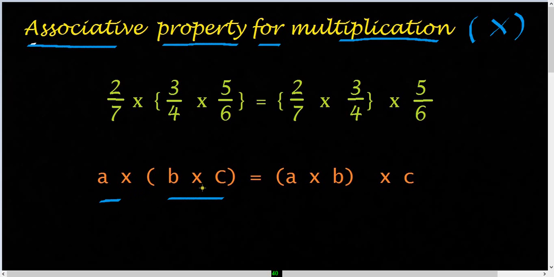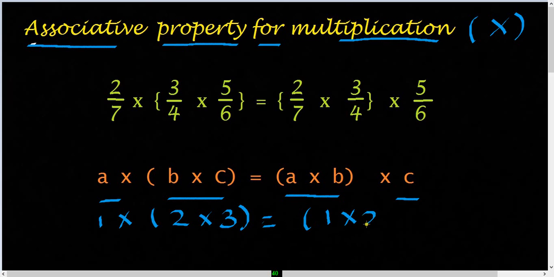The answer we get is the same as when you multiply a into b and then multiply by c. Do you want to see a simple example? Let us take a simple example: let a be 1, b be 2 and c be 3.